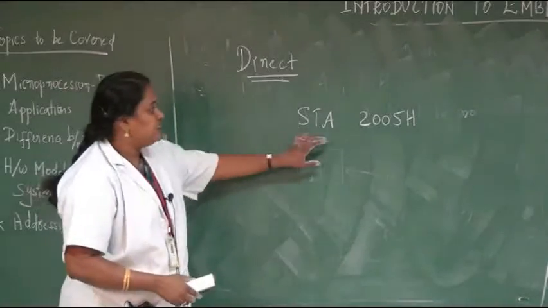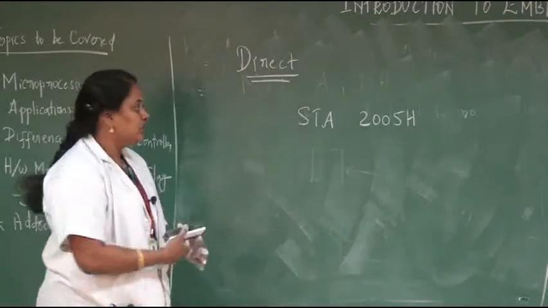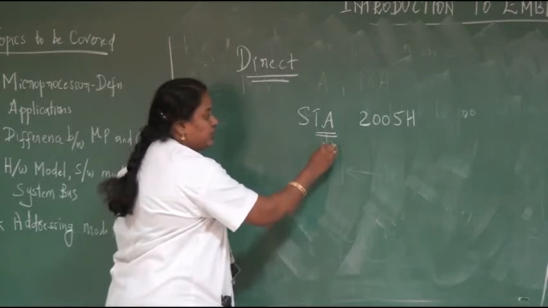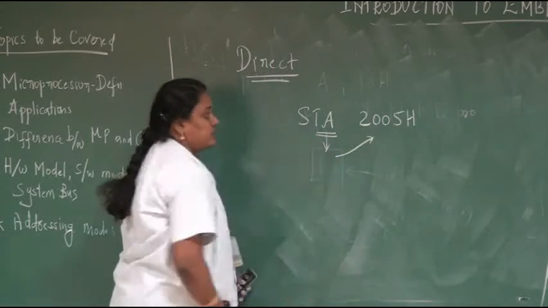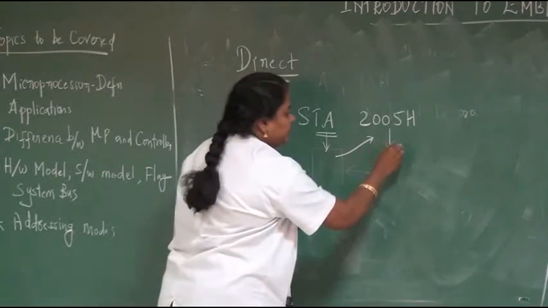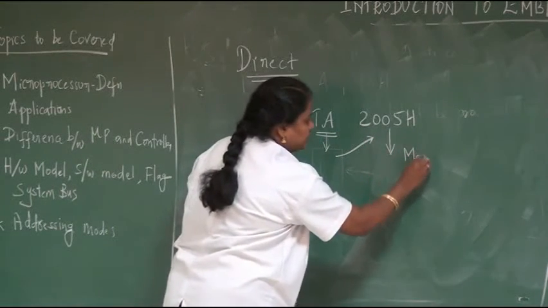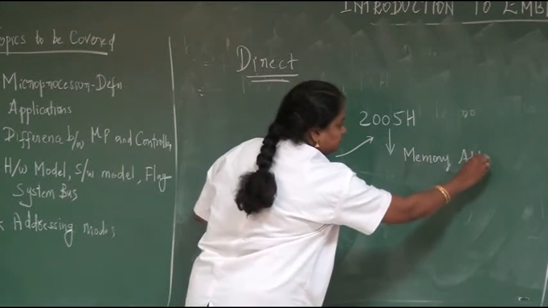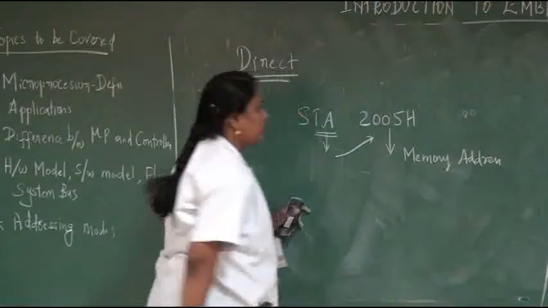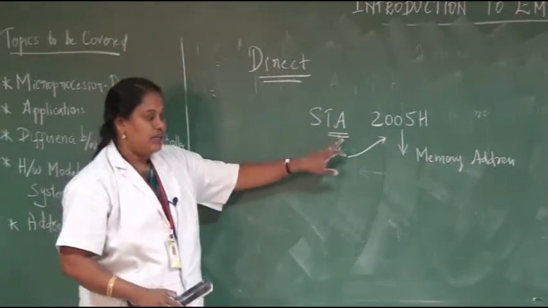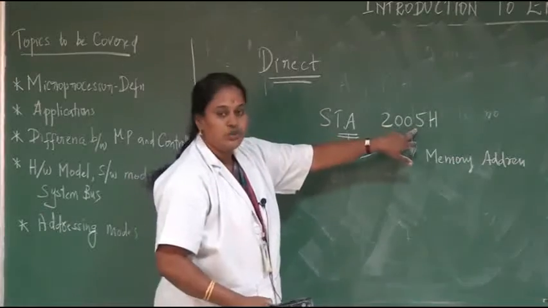Example is STA 2005H. It is nothing but store the result available in the accumulator register at the address 2005. Here 2005 is the memory address. Store the value stored at the accumulator A at the address 2005H.